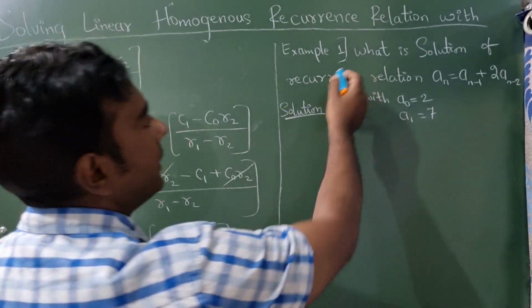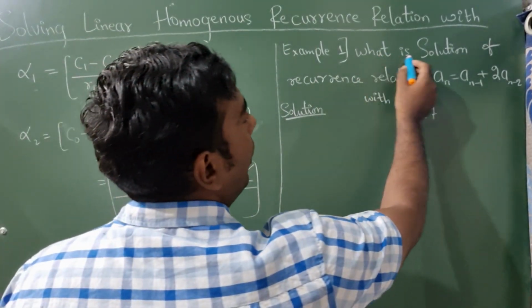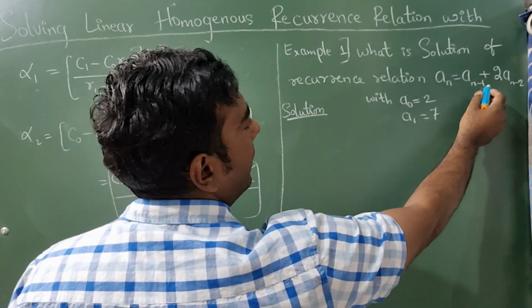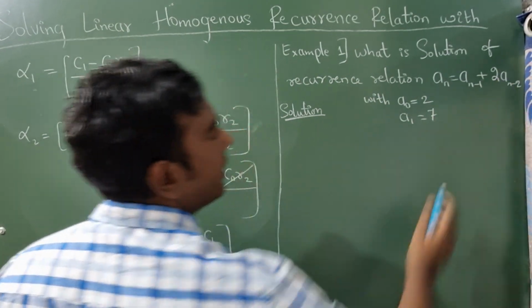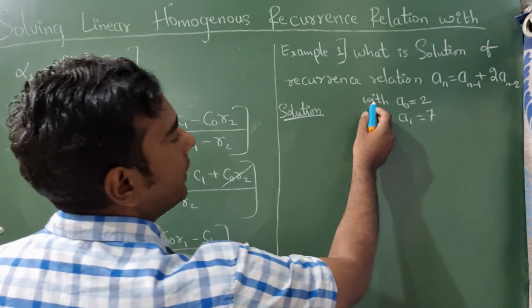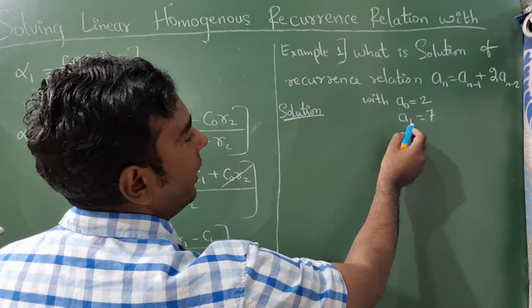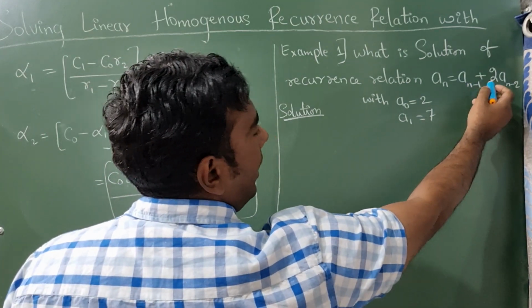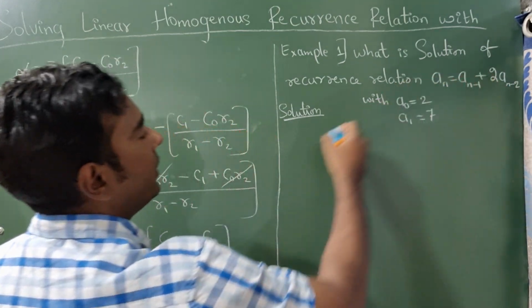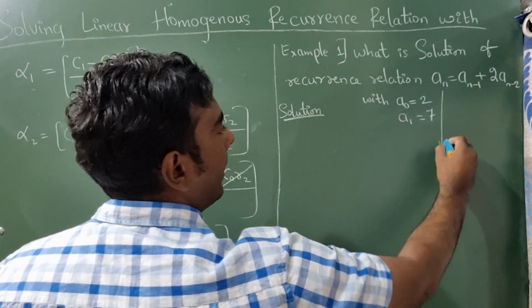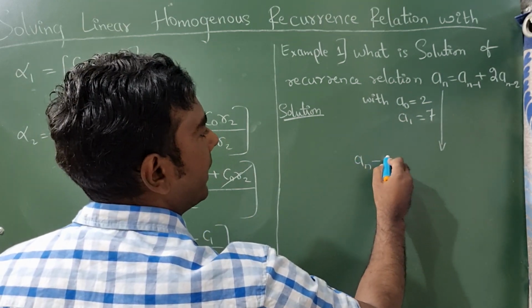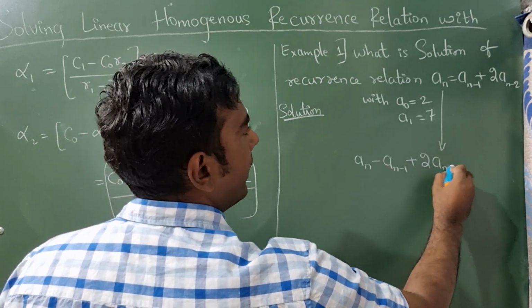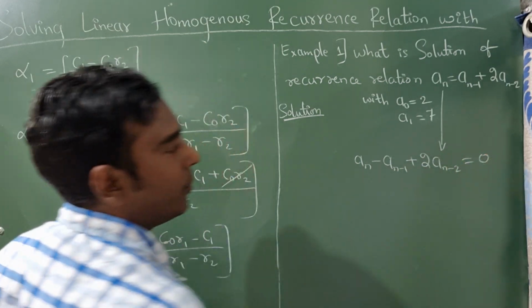Now let us consider one example. What is the solution of the recurrence relation a_n = a_(n-1) + 2 a_(n-2) with initial conditions a0 = 2, a1 = 7? Bring the right hand side terms to the left hand side: a_n minus a_(n-1) minus 2 a_(n-2) equals 0.